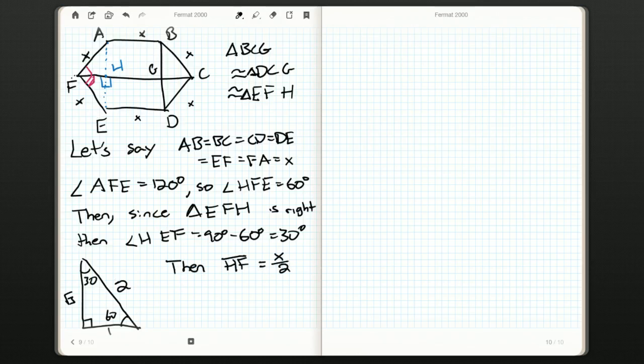So this is going to be x over 2. But that means, if we grab the green one, we can split DE in half. And we'll have an x over 2 here, an x over 2 here. And we can split these in half, and they're going to have the same height as HE.